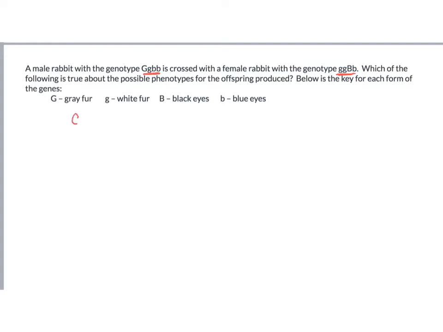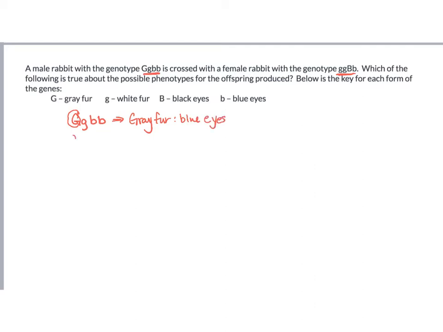So if we have G, G, B, B, we know that since we have a dominant allele here, this one's going to have gray fur, and big B is black eyes. Right?